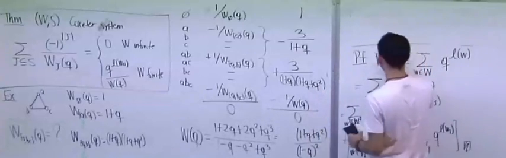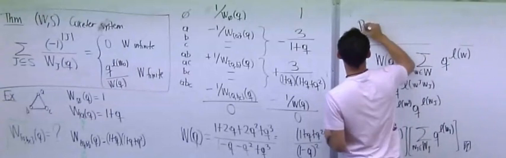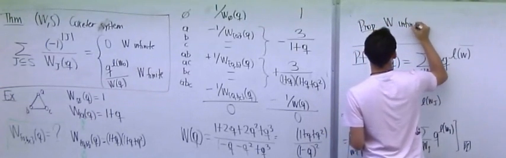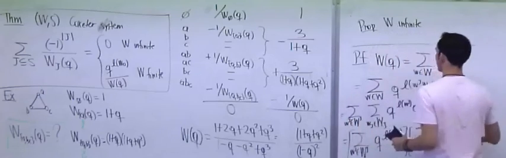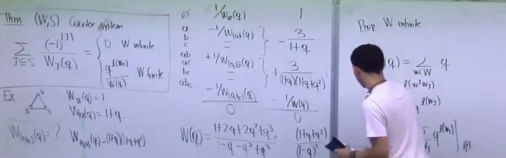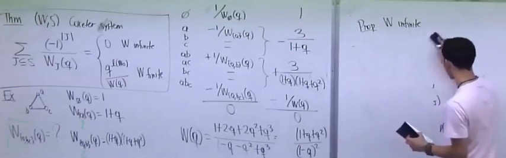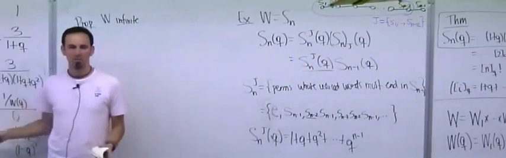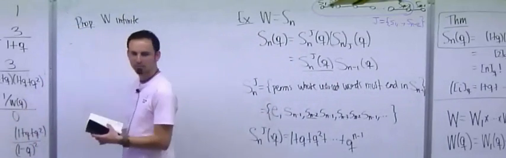So there's a proposition, which is that if W is infinite, then basically, I mean, the series is not exactly palindromic, because it goes to infinity in that direction, and it doesn't go to infinity in that direction. But it's basically palindromic in that when you write it as a rational function, the pieces are palindromic.